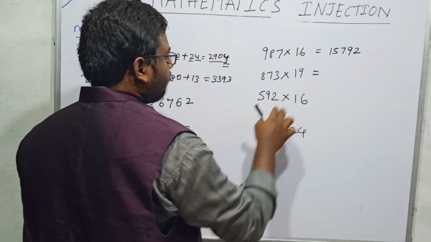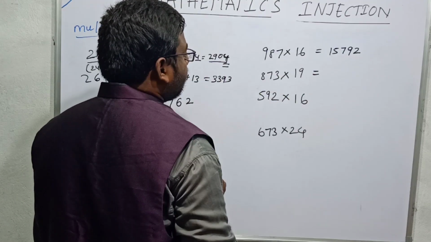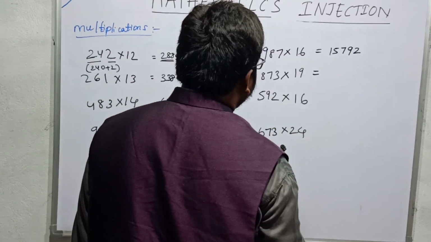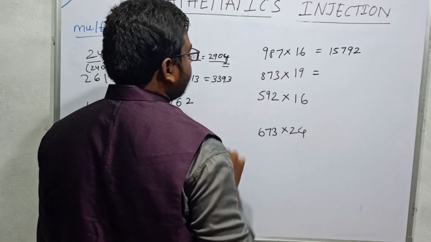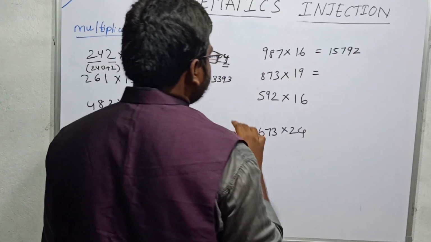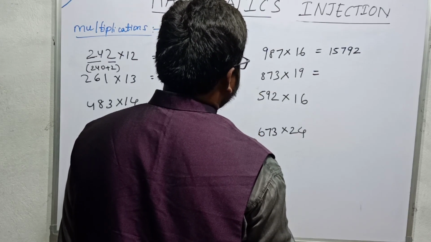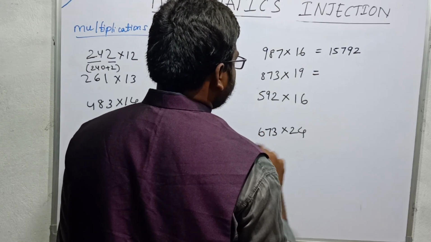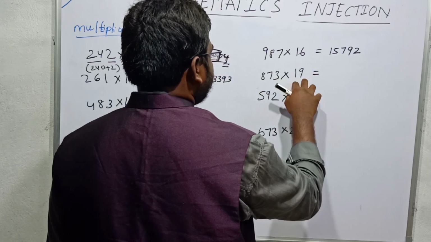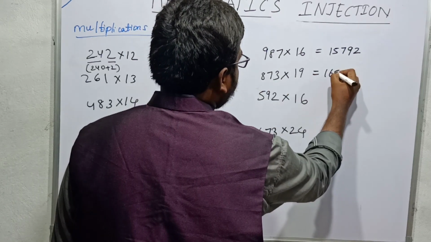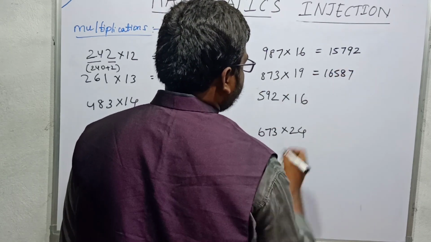If I calculate this: 19 8s are 152, 19 7s are 133, 152 plus 13 is 165, 1653. 1653 should be in our mind, 1653 plus 5 is 1658, and the unit digit will be 7.